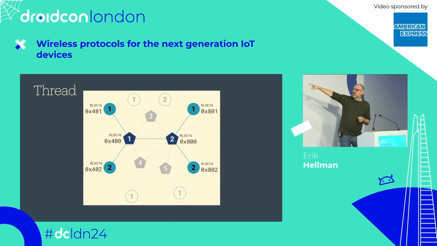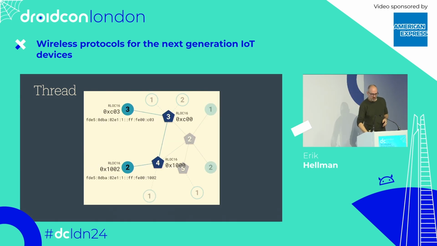And from those 2 numbers, you get an RLOC16. That is part of the IP address. We're going to see in a moment how that looks. Now, if one router disappears, all this is recalculated. There might be a new number assigned to a router, so all the IP addresses change again. So in the mesh network, everything can change and get a new IP address.